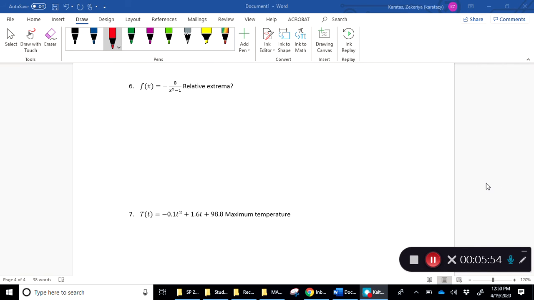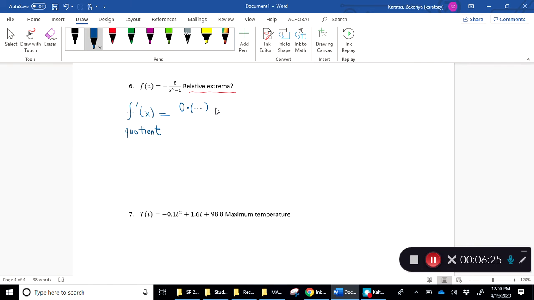Now in the next example, this problem is just a rational function, but only relative max and relative min are asked in this problem. So we first need to find the derivative, f prime of x. Now you need to use the quotient rule. The derivative of the top is 0 times whatever you have in the bottom, which doesn't change, that will make it 0.